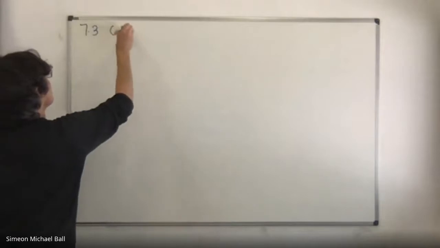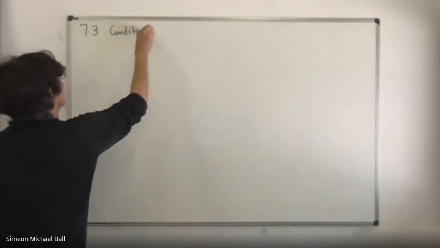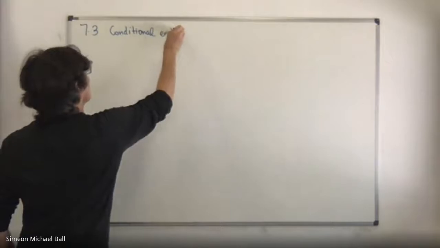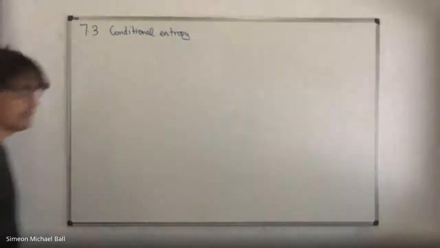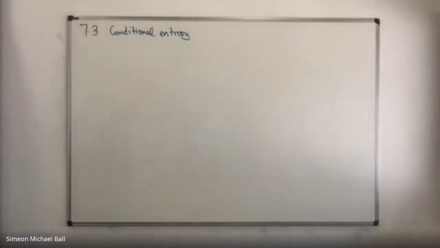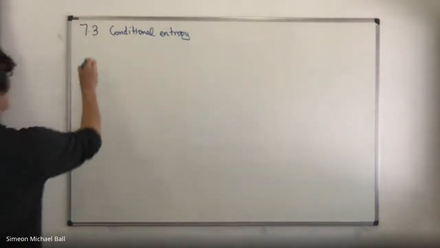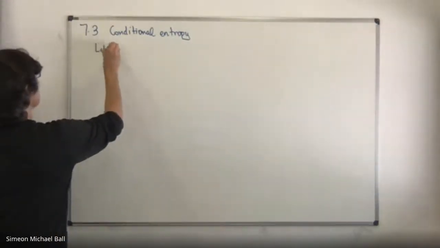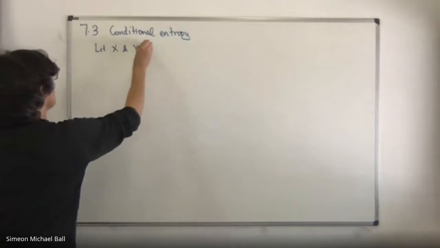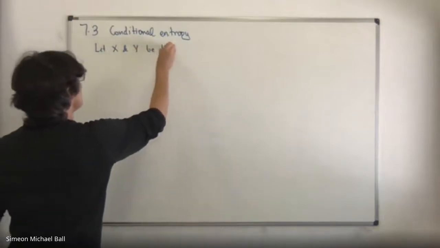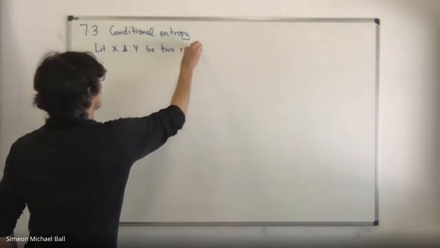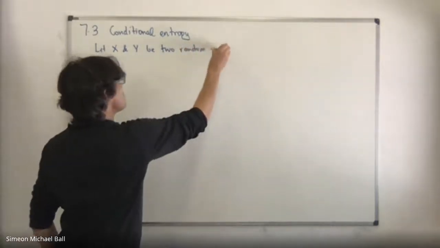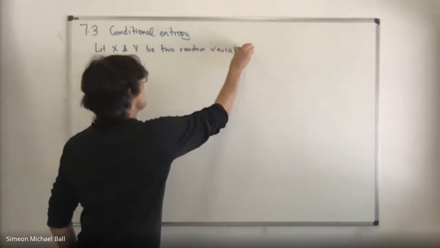Right, 7.3. Conditional entropy. Okay, so what we're going to do now is have two random variables, x and y. I'm going to introduce some shorthand notation.